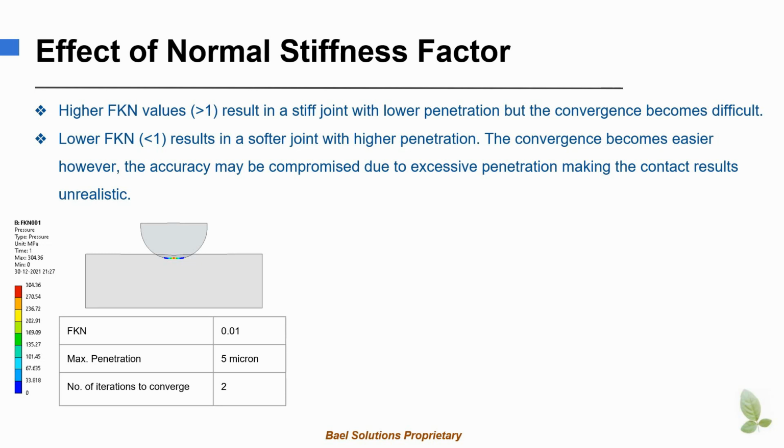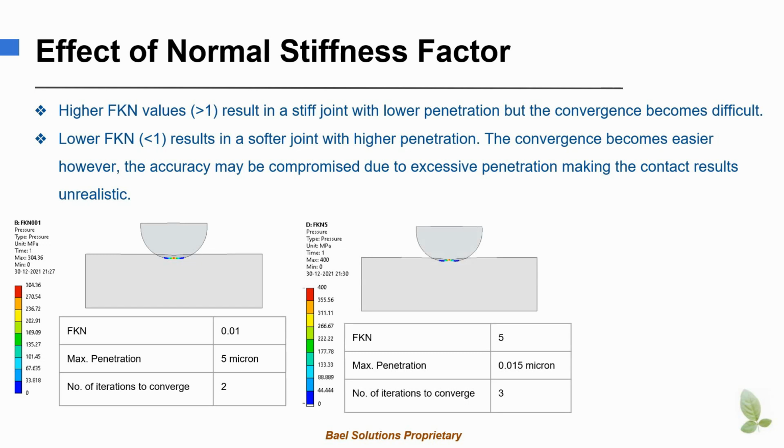In the second case, FKN is increased to 5. This results in a higher contact stiffness and lower penetration. The convergence is marginally difficult, but the solution converges in 3 iterations. The penetration is drastically reduced to 0.015 micron.